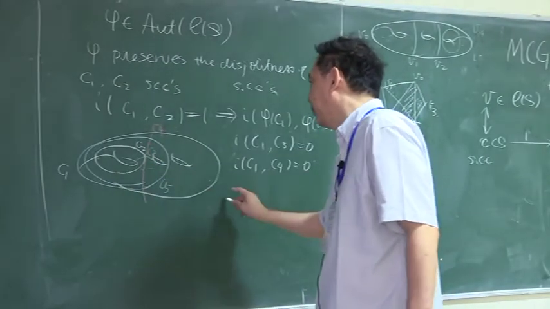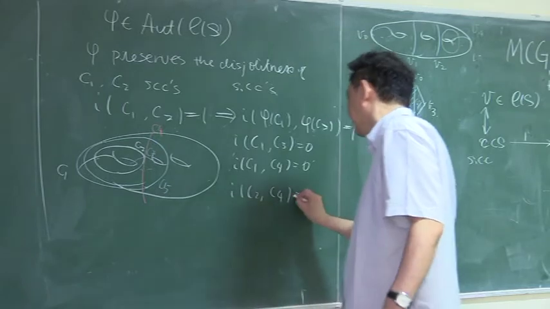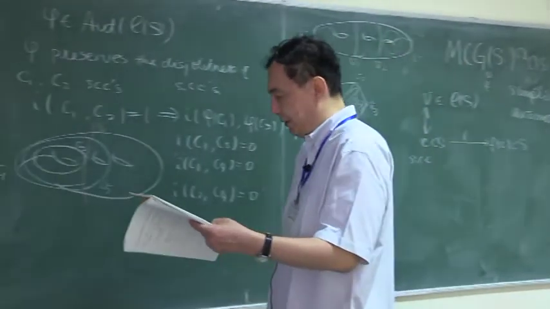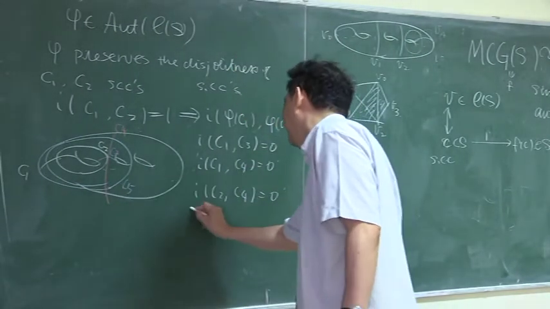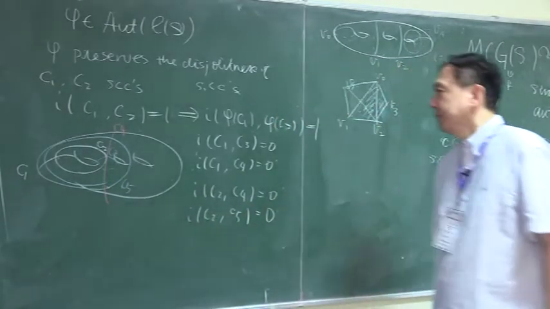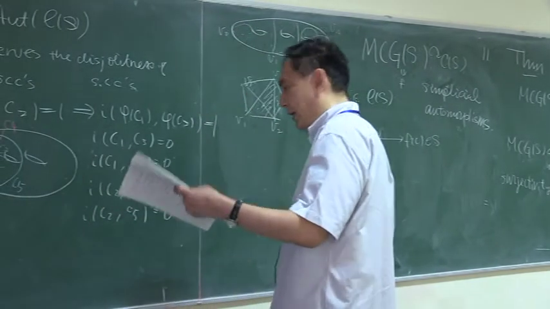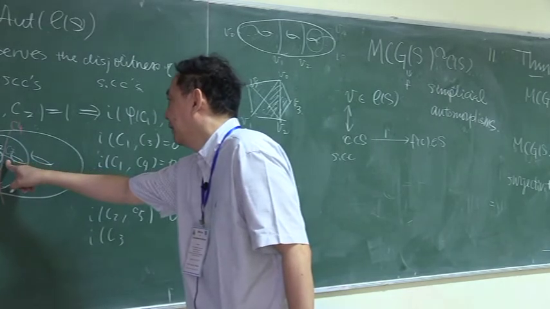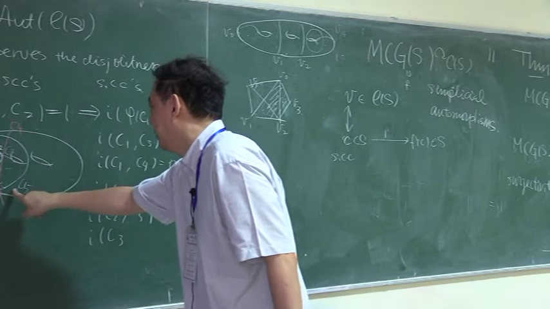C2 is disjoint from C4, and C2 is also disjoint from C5. And C3 is disjoint from C1, and disjoint from C5.